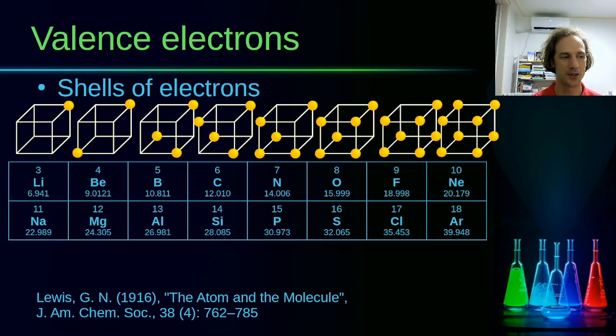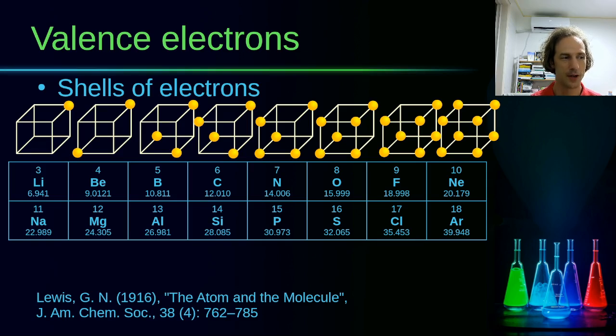And this was first described by G.N. Lewis in 1916 in his paper in the Journal of the American Chemical Society, where he proposed this electron shell model based on the cube, because what we can find here is that, for example, lithium and sodium both seem to have a single valence electron, and the distance between these two elements in terms of their atomic number is 8.